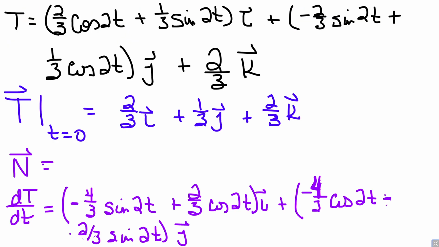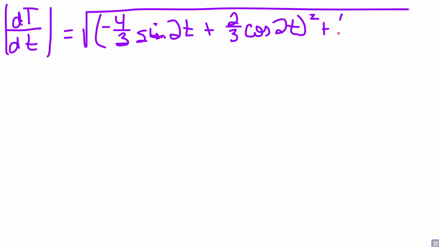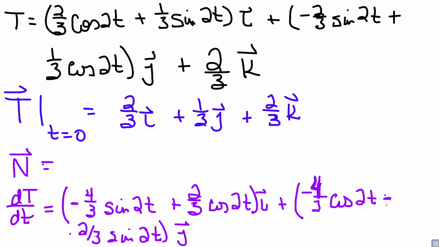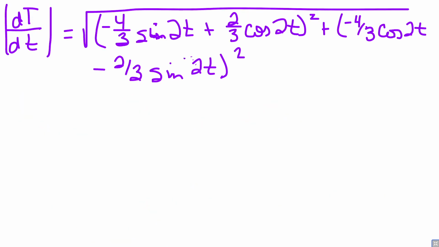We're going to square that, and then add that to negative 4/3 cosine 2t minus 2/3 sine 2t, and we're going to square that. If we look at this, there was no k component, so we don't have to worry about that. So it's just these two pieces here.